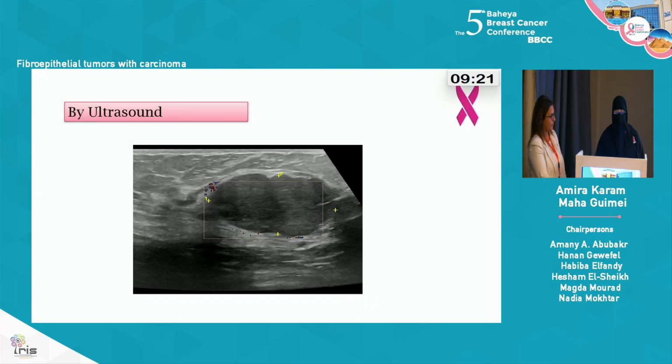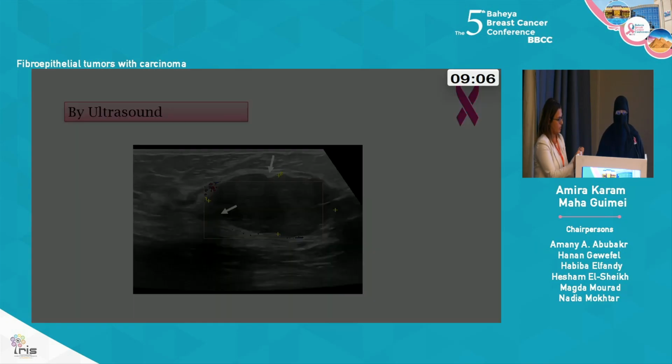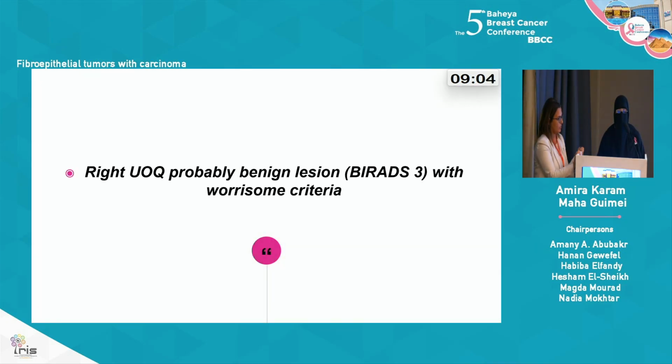Complementary ultrasound was done, which revealed a sizable hypoechoic lesion in the right upper outer quadrant with some atypical criteria in the form of lobulated outline and focal angulation, so the lesion was diagnosed as probably benign, BI-RADS 3 with worrisome criteria, and histopathology was recommended.